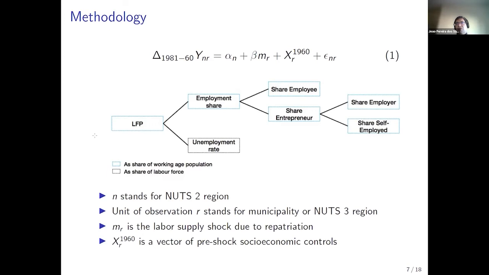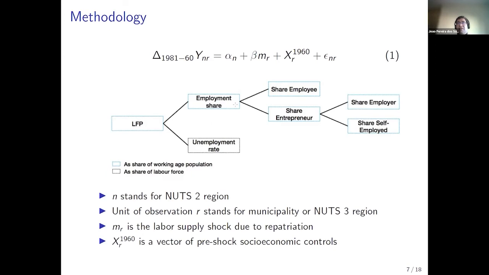So for our outcomes, we are going to evaluate the labor force participation. All of this is going to be separate for both genders. If someone is in the labor force, you could be either employed or unemployed.